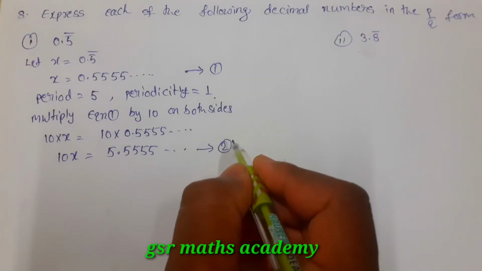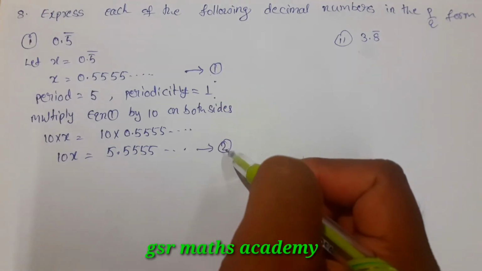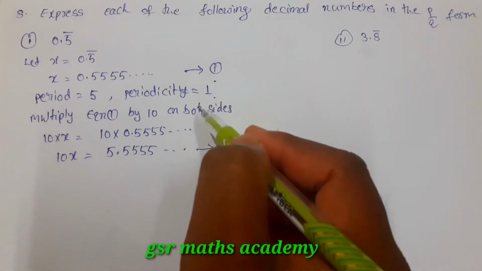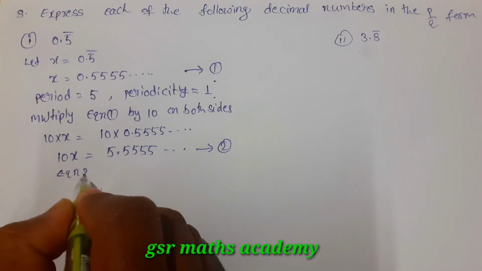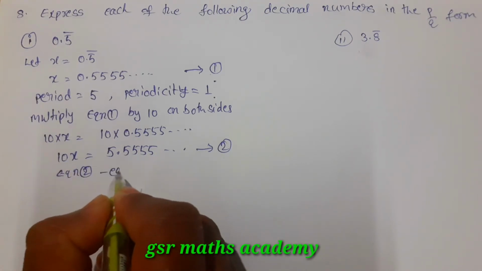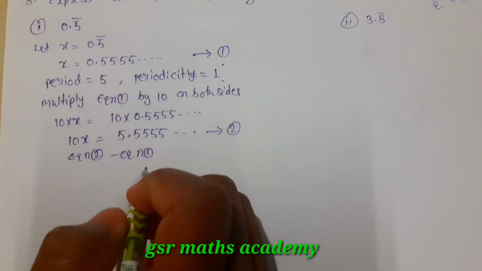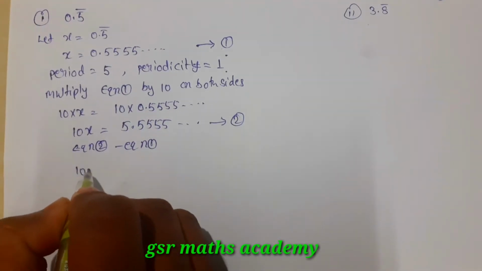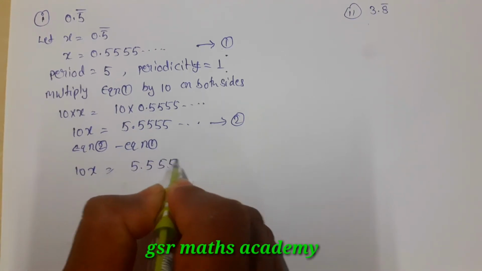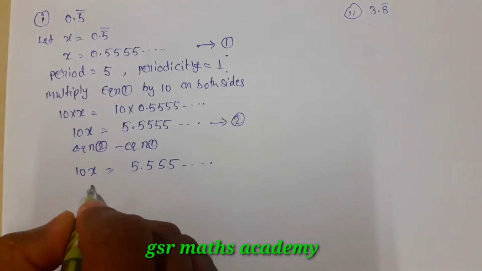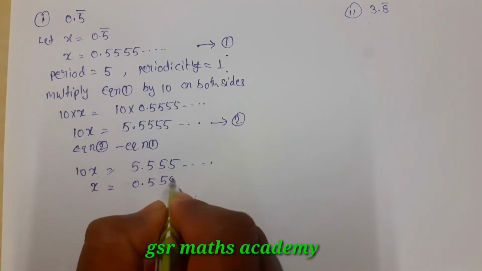What I'm going to do is subtract equation 1 from equation 2. On subtracting equation 1 from equation 2, equation 2 minus equation 1, we get 10x is equal to 5.555 and so on, and x is 0.555 and so on.